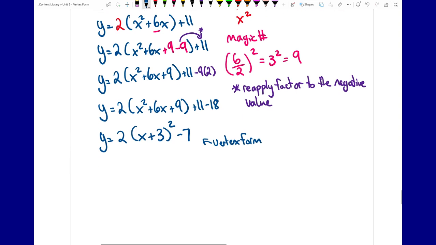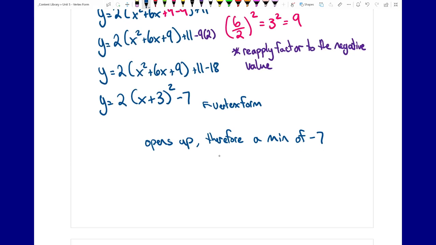From that vertex form, I can find my max or minimum. In this case, because it opens up, it means there is a minimum of -7. So just the y value of the vertex.